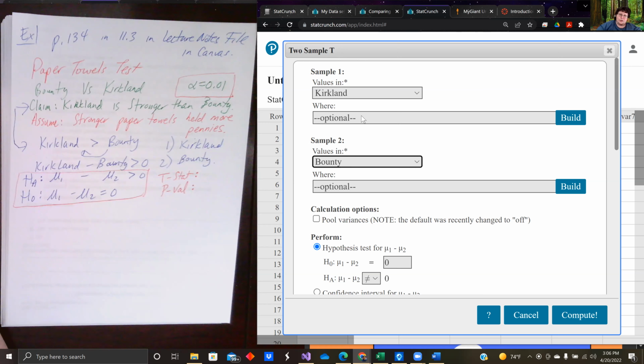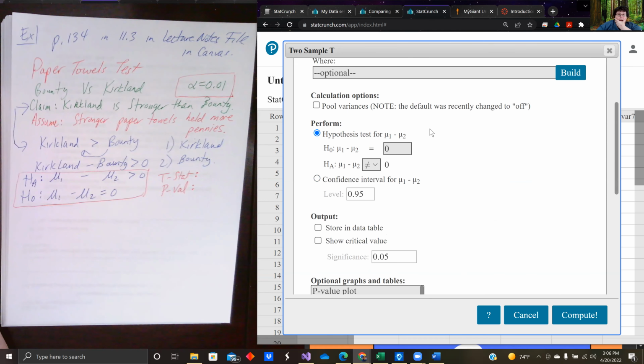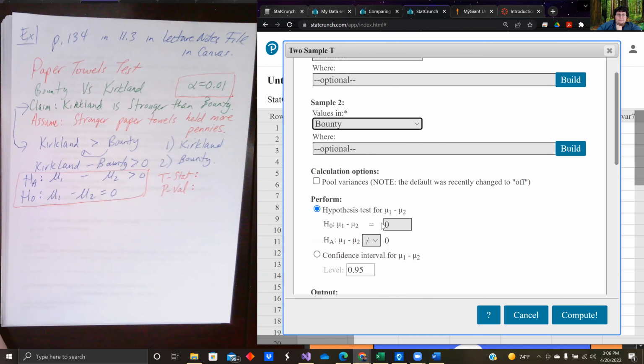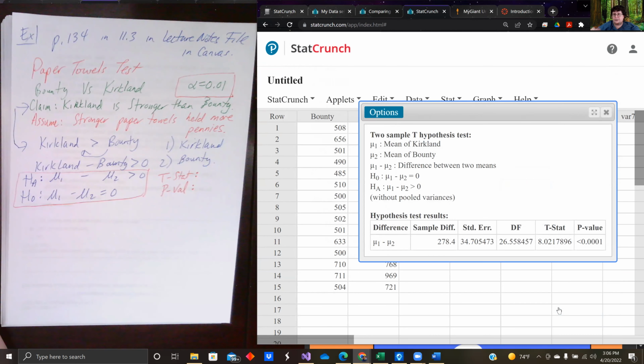Kirkland said bar 2, and it's confusing to put bar 1 in category 2 and bar 2 in category 1. So getting rid of the numbers and having names helps. I had mu1 minus mu2 equals 0 for H0, and I wanted greater than for HA. And I click compute.